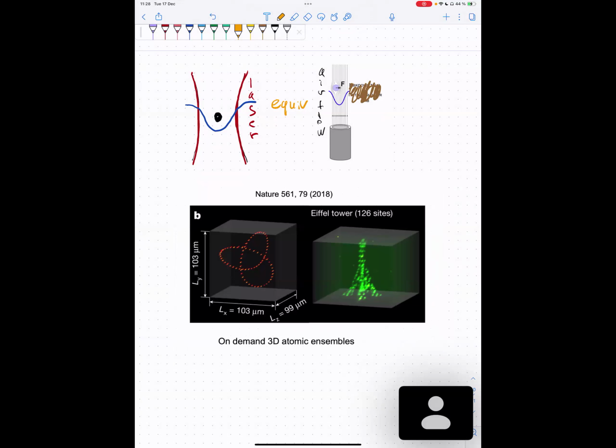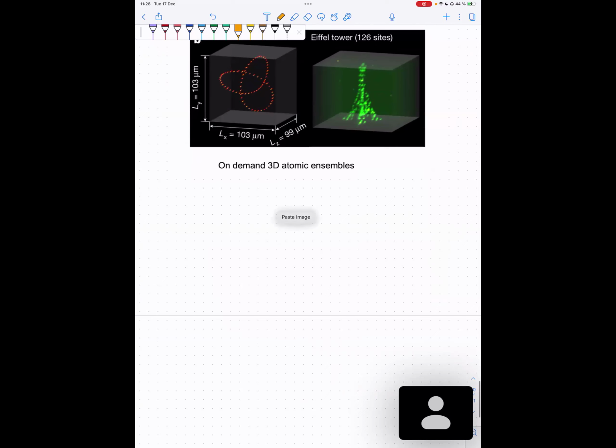Also, of course, there are a lot of biomedical applications because you can manipulate these particles in a non-invasive way. For example, you can even manipulate some nanorobots. Let me show you this image.